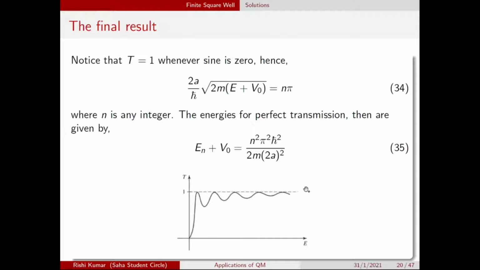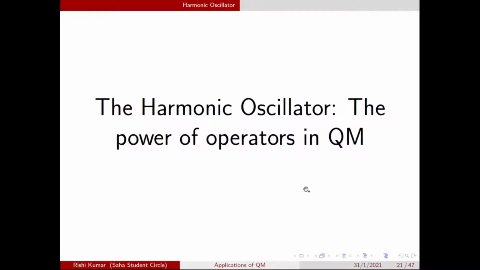Next up, we are going to go into our harmonic oscillator problem. This is a really good example of the different methods we can use to solve problems in quantum mechanics. There are two ways you can solve this harmonic oscillator problem. One is the operator method that I'm going to be using right now, and the other is a more analytical method.